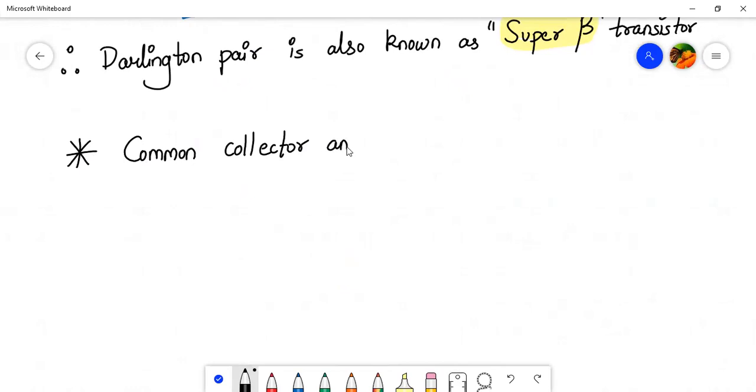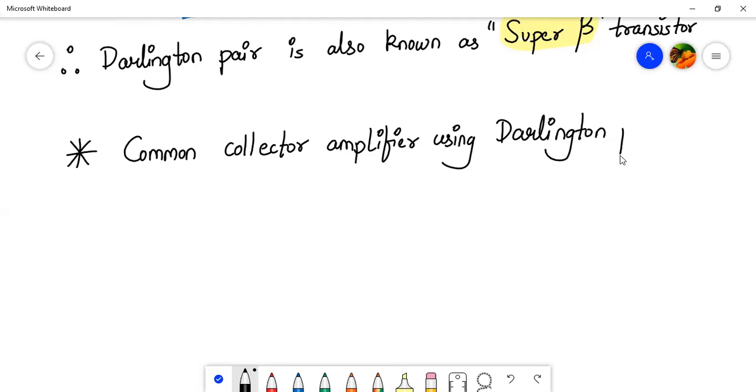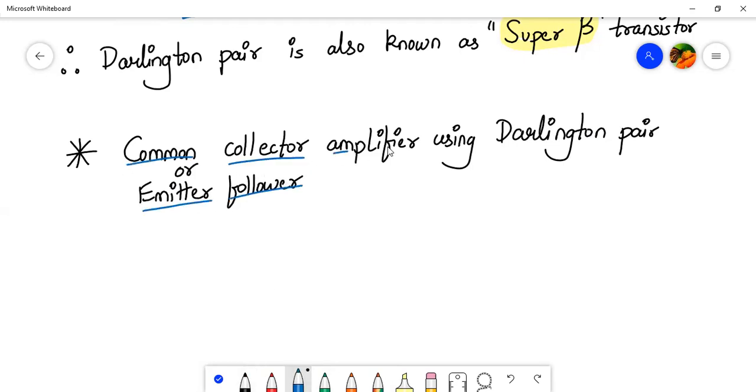Common collector amplifier using Darlington pair. Or common collector or emitter follower, any name will do. Common collector or emitter follower amplifier using Darlington pair. So this will be our heading now, and we'll analyze the amplifier circuit using the Darlington pair configuration.